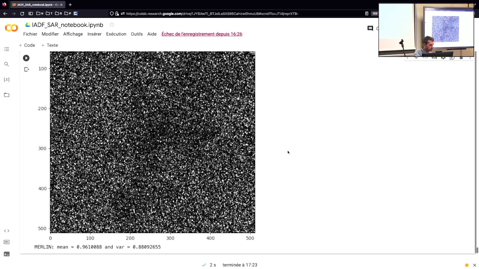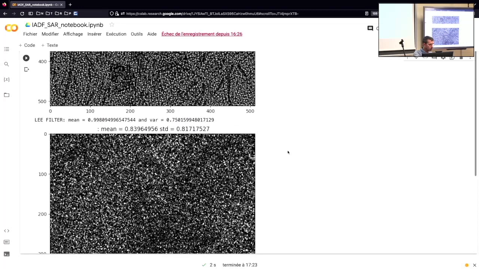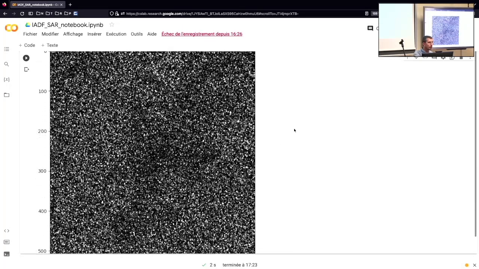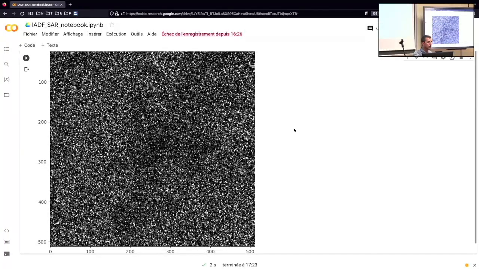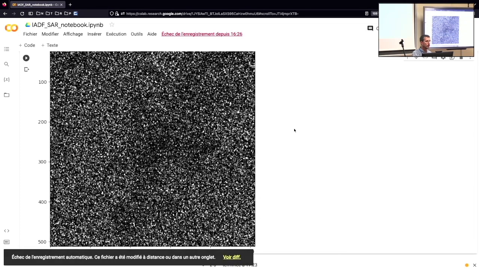Another important indicator of the quality of the despeckling is the mean value in intensity. So you want the mean of the speckle to be close to 1, because the intensity is equal to the reflectivity times the speckle. If the mean of the speckle is not equal to 1, you will have a biased estimation of your reflectivity.